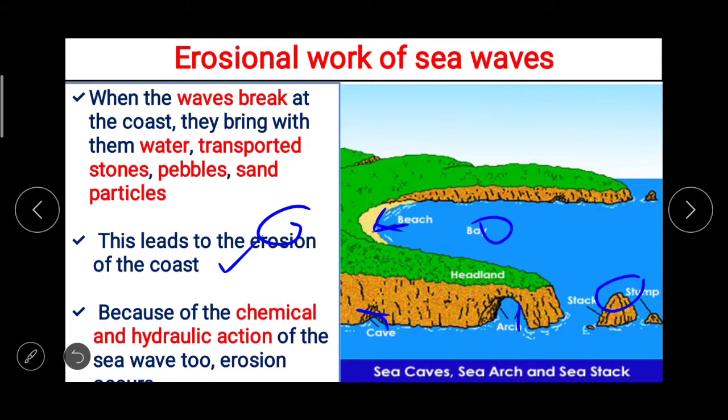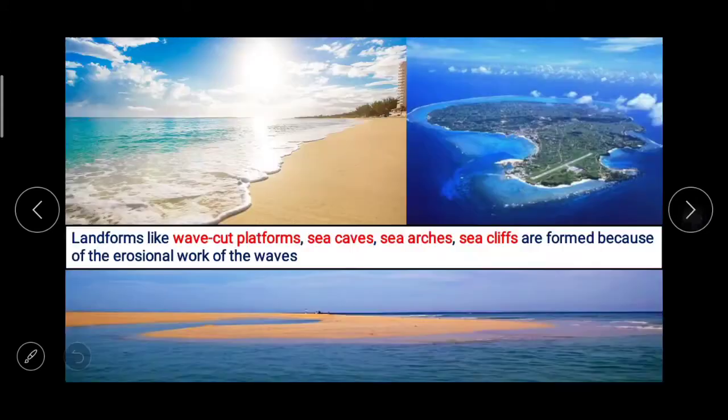So, landforms like wave cut platforms, sea caves, sea arches, sea cliffs are formed because of the erosional work of the waves. In this figure you can see all these things: sea caves, sea arches and sea stack.